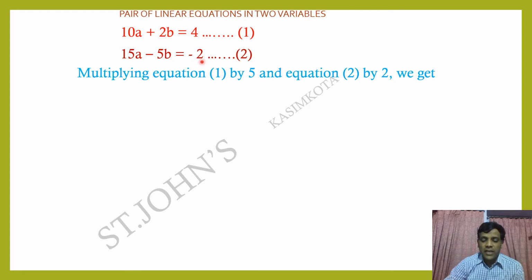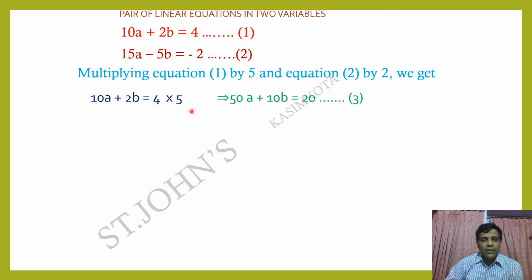So write down the next step. 10a plus 2b equals 4, multiplied by 5. 5 into 10a, 50a, plus 5 into 2b, 10b, equals 5 into 4, 20. This is the third equation.